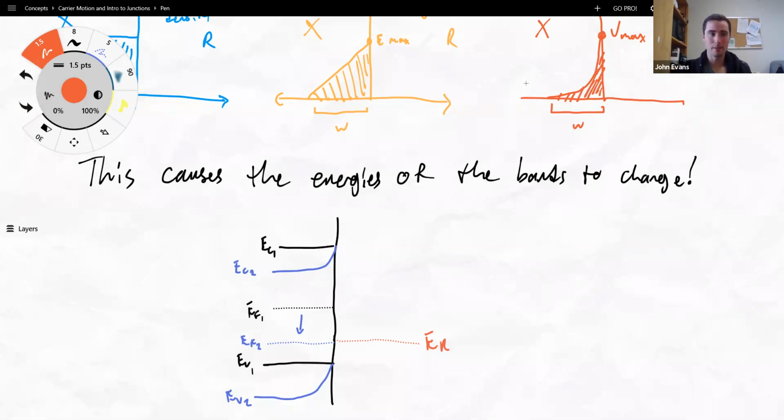And you keep doing this, in fact, until your Fermi level comes down. Note that the Fermi level doesn't bend. It actually just moves, at least in this case. So it's going to shift until the Fermi levels have equaled each other.